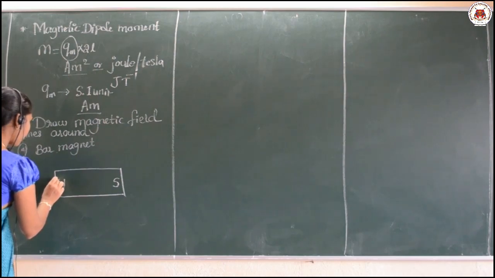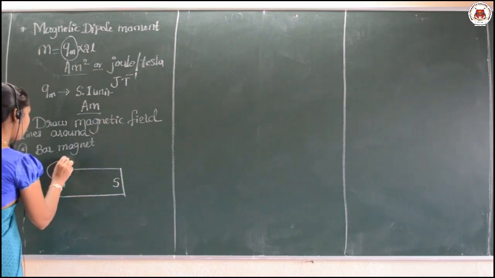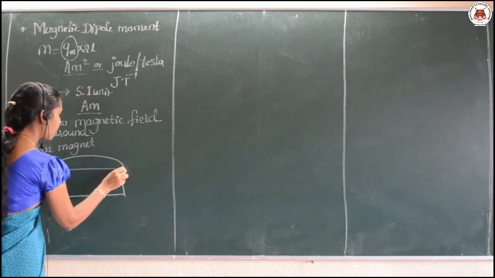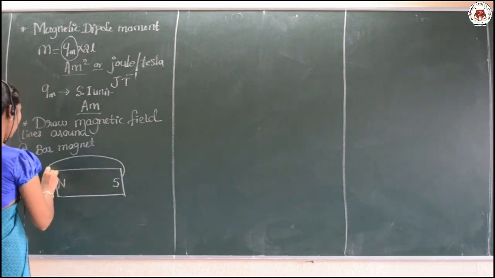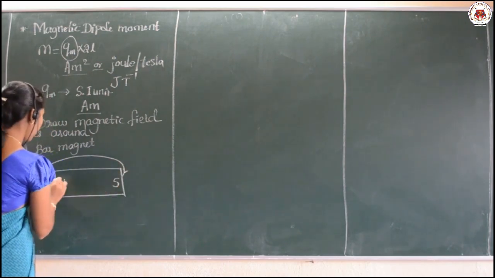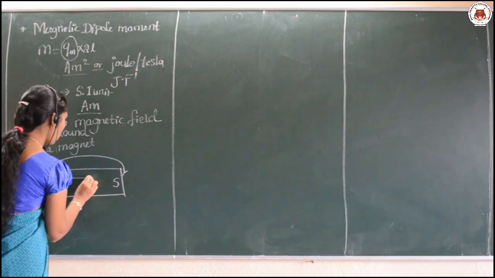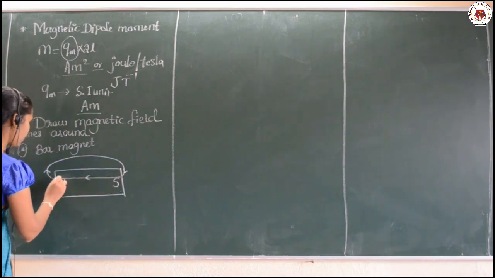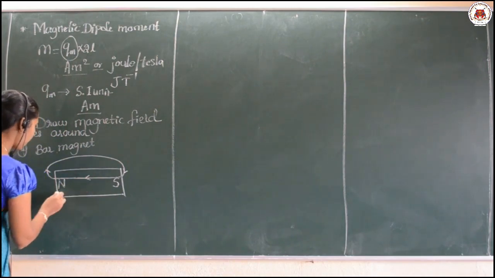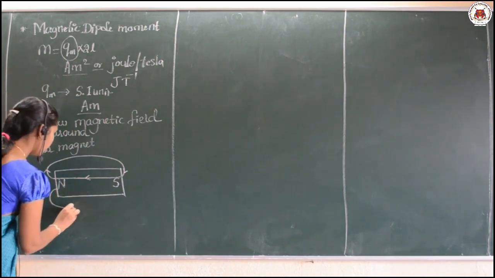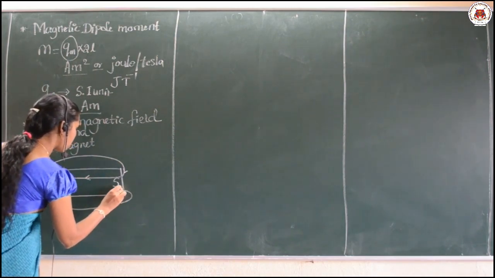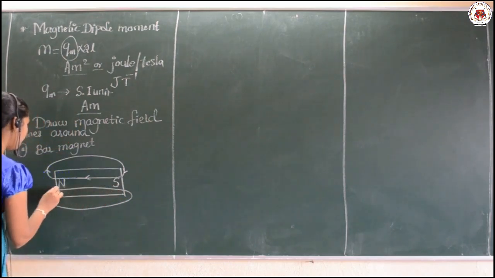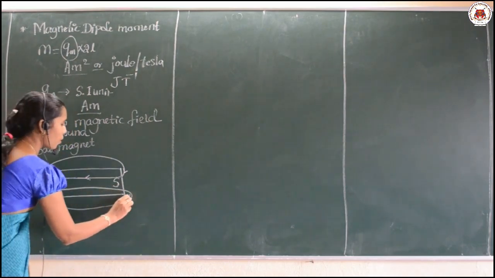The field lines originate from the north, terminate at the south, and they are continuous inside the magnet also. See dear children, the direction of the magnetic field is very, very important.